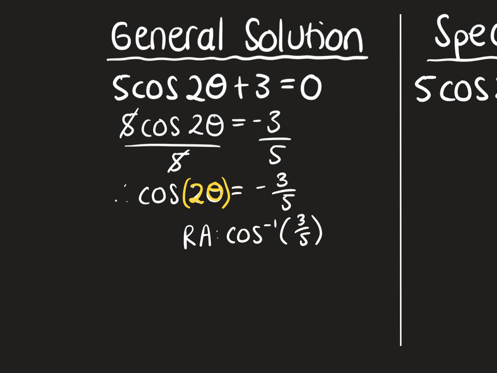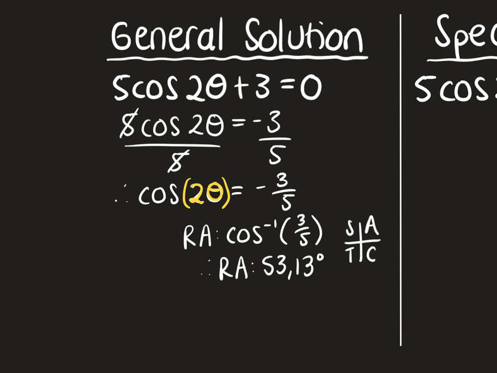So it'll always be shift cos of the positive version of the fraction, okay? And then therefore my reference angle for this is going to be, let's do it. So shift cos on your calculator of 3 over 5, and that gives you 53,13 degrees.